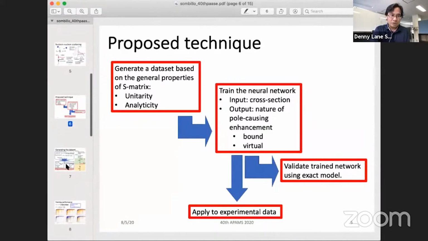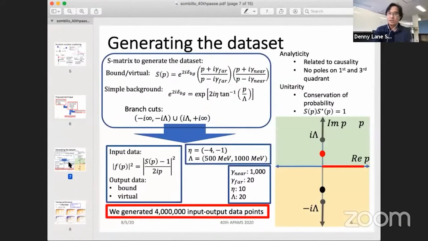So let me proceed to the generation of the training data set. This is the basic idea. The S matrix here is written this way. In proposing this S matrix model, we only considered two principles. The first one is analyticity. This means that your S matrix should not have any poles in the first quadrant of your complex momentum plane, and this has something to do with causality.